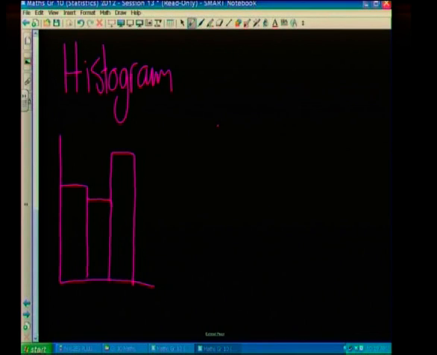Typically, a histogram is used to represent something of a continuous nature, like for instance, the mass of the learners or the length of a leaf or something like that.